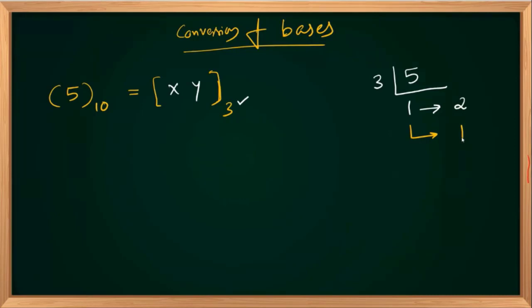Then I express this from bottom to top. Your X will be 1 and Y will be 2. Bottom to top, 1, 2, base 3. So decimal 5 is equivalent to 12 base 3. It's very simple: continuous division to convert a decimal number to any other base that is less than decimal. 3 is less than 10, so continuous division by 3.